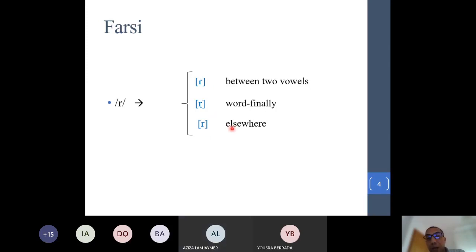It occurs elsewhere, and because it occurs in more environments than the previous sounds, we consider this the default variant, and the default or elsewhere variant will be considered the variant to establish for the phoneme.